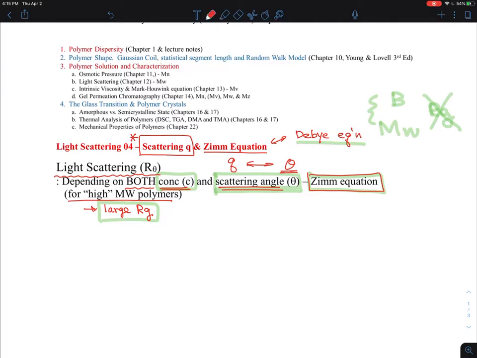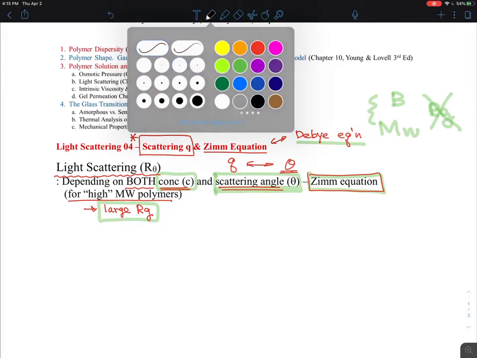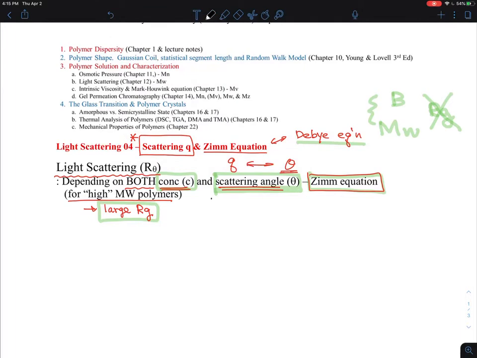So I'm going to write the Zimm equation a few times, but let me write it here one more time. The light scattering experiment or equation prefers to write Kc over R theta. That is a unit of 1 over molecular weight.